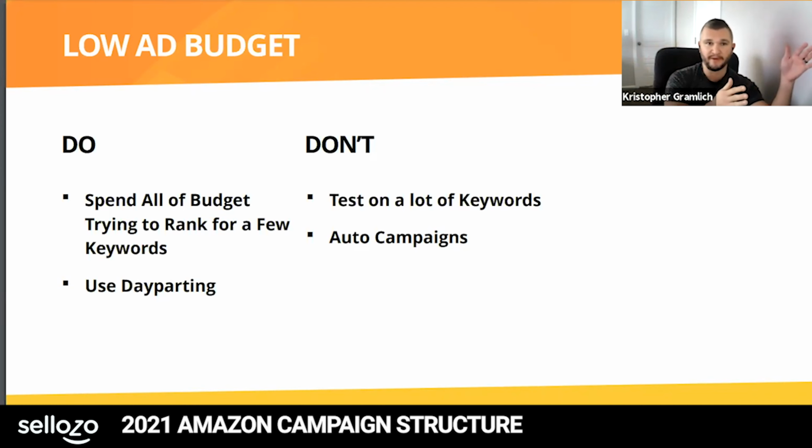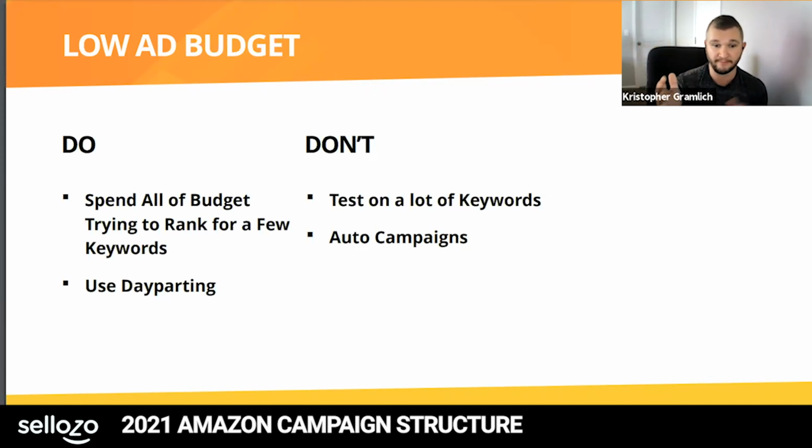Your first campaign is going to be like midnight to 6 a.m. The second campaign is going to be 7 a.m. to like 3 p.m. And then the last campaign is going to be 4 p.m. to 11 p.m. What you're doing is trying to figure out at what time your products convert the best, and let that run for a couple of weeks. Then you can take that data, whether it be conversions or a low ACoS, whatever you're going after, and use that time to scale up your other campaigns.